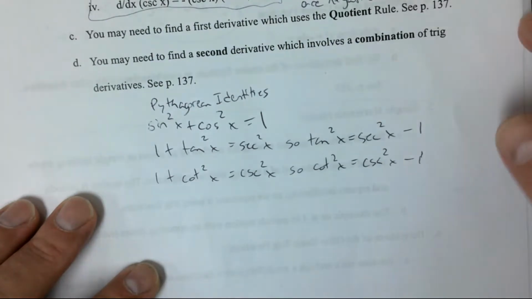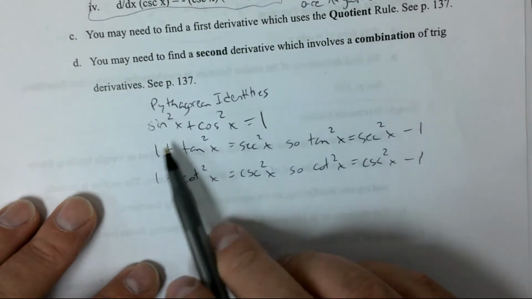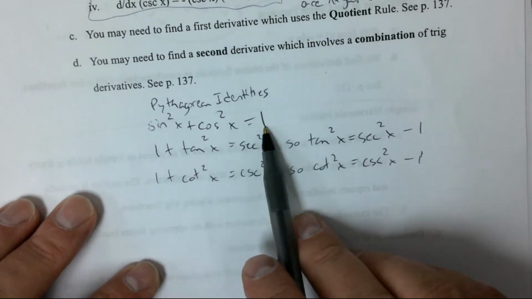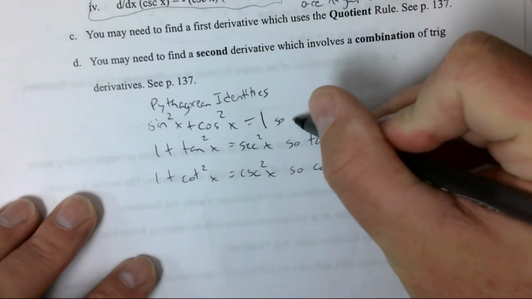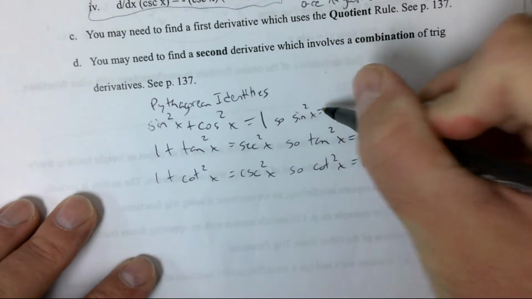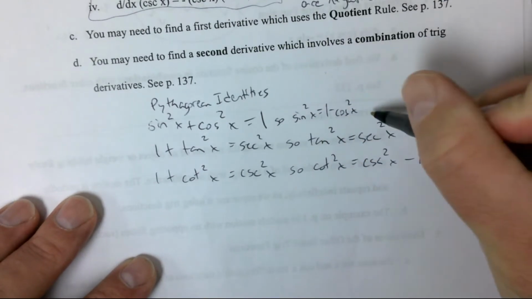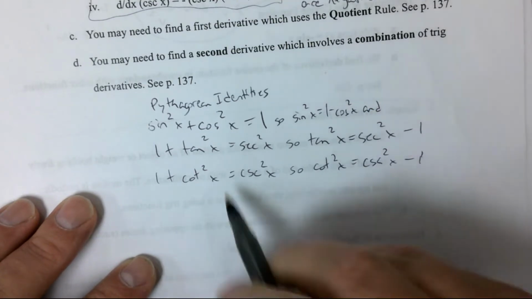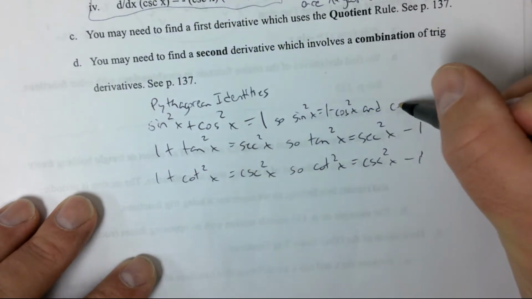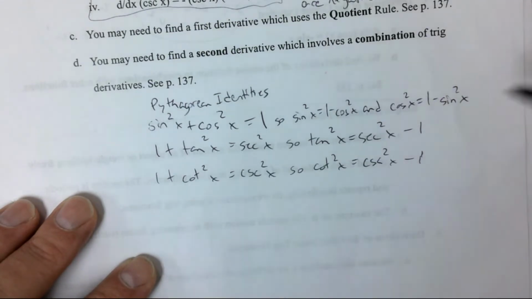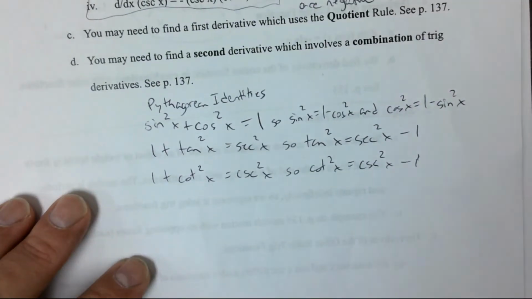The first basic one is sine squared x plus cosine squared x equals 1, which means if you solve for sine squared x, it's 1 minus cosine squared x. And if you solve for cosine squared x, it's 1 minus sine squared x. So you can solve for either one.